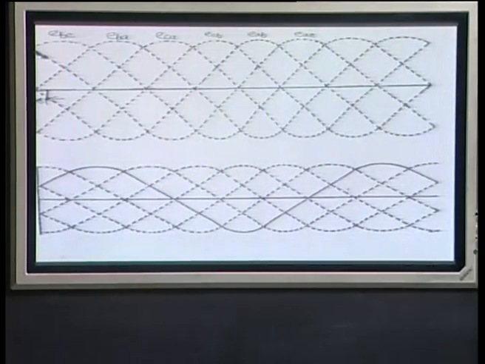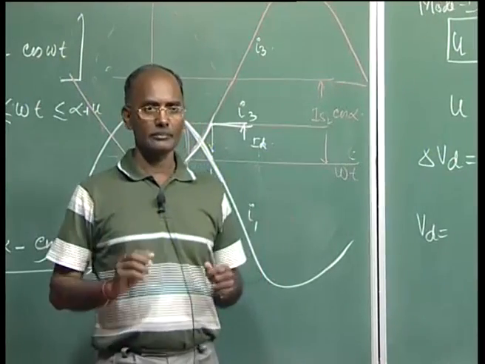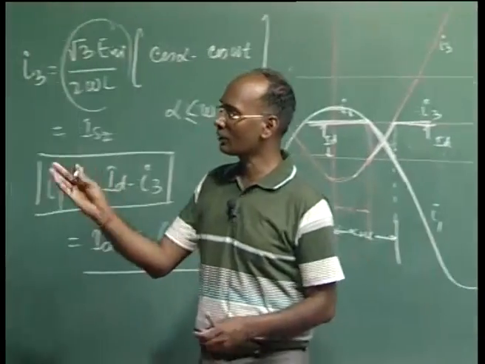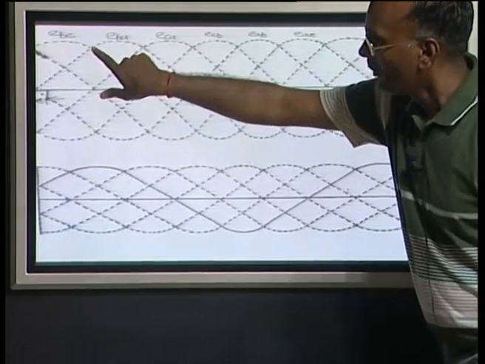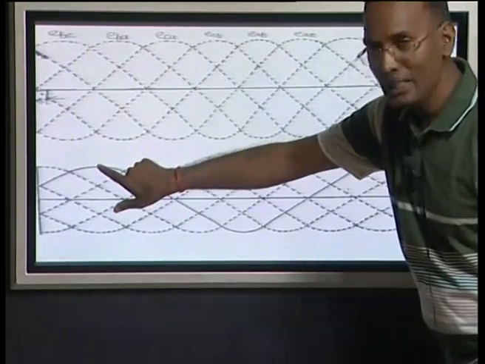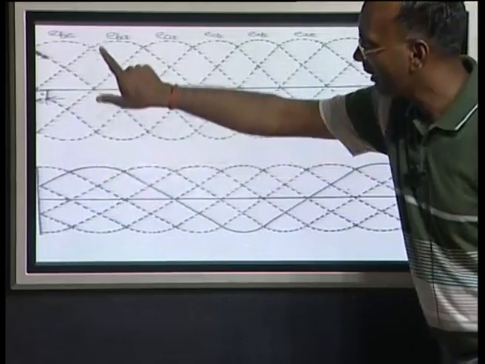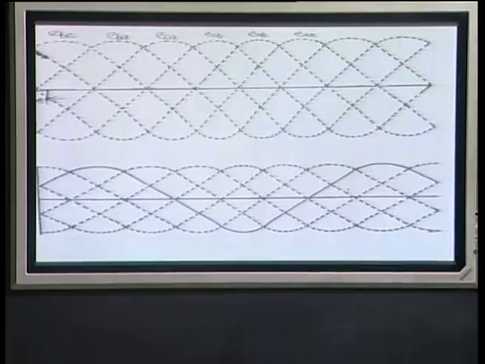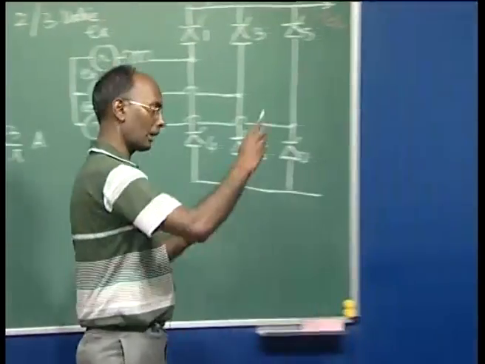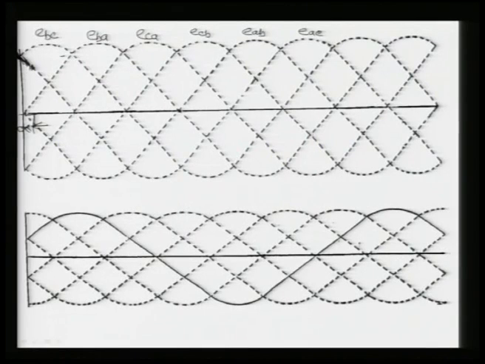Now, how to know what will be the voltage at that time? You can see what will be this. What is EB, here it will be EB. This value will be 1.5 of EB, its magnitude will be changed, and to remember clearly, this is nothing but 3 EB by 2.